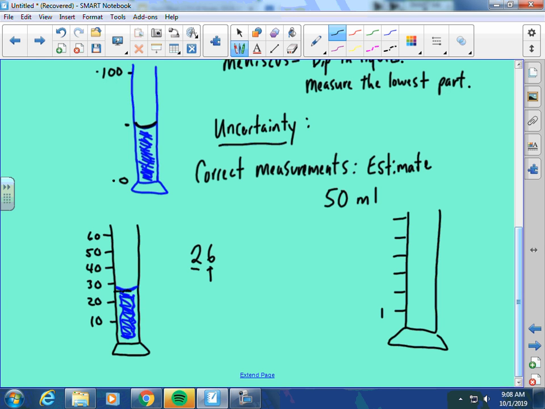And this graduated cylinder is marked in ones. Okay? And our liquid here, let's say, is right about there.